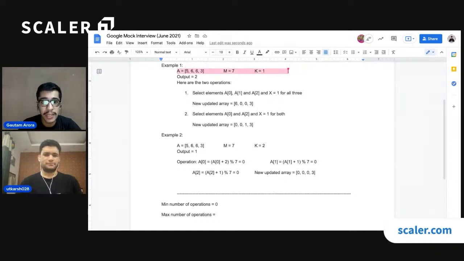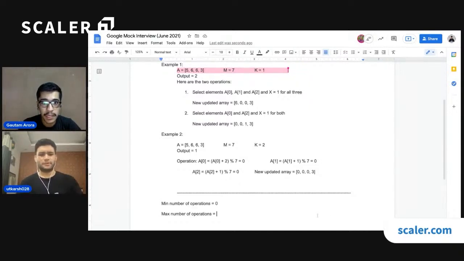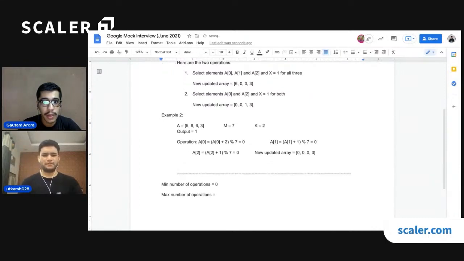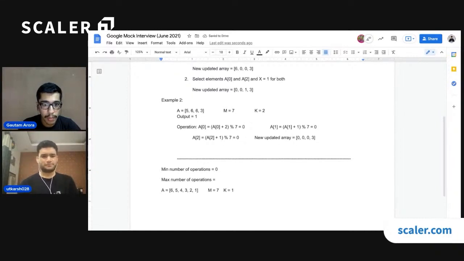If the array is in decreasing order, let's say the array is 6, 5, 4, 3, maybe 2 or 1 also. And n is equal to 7.